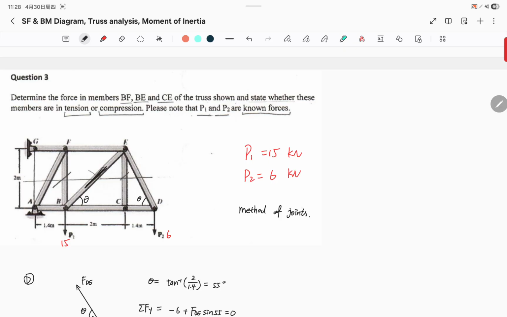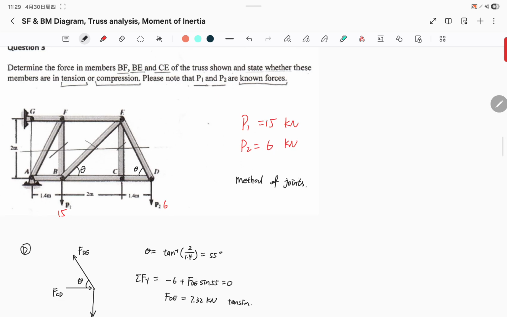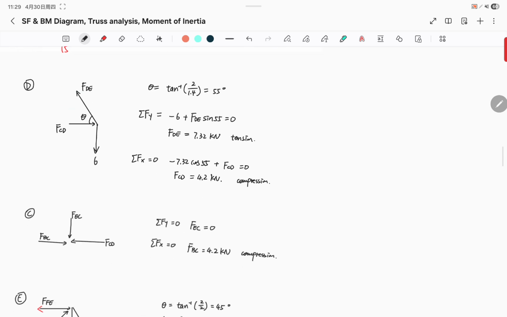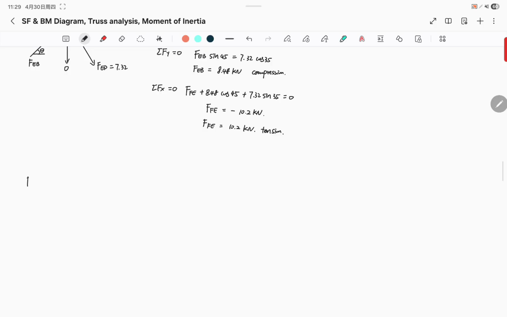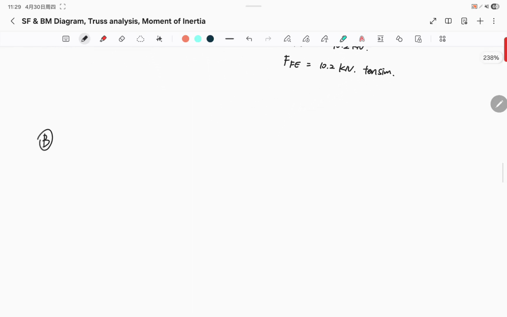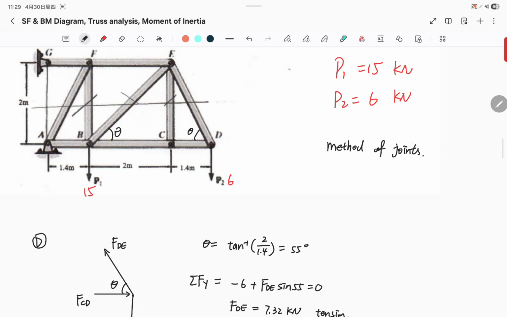We solved this, we have this. So we can draw the free body diagram at B to see what's going on, and we also have this given force. This one is 15.